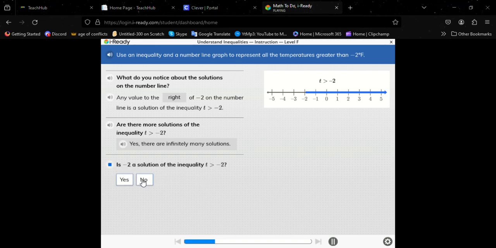Is -2 a solution of the inequality T is greater than -2? The open dot on the number line means that -2 is not included as a solution.